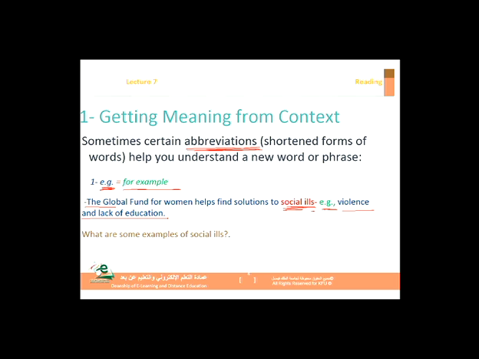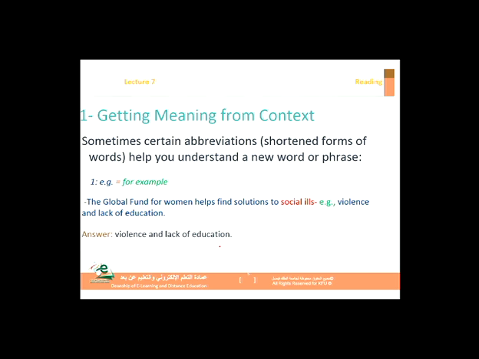So now we say, okay, now I understand. Some examples of social ills are violence and lack of education. All right? So we have this question, for example, what are some examples of social ills? Okay, so violence and lack of education.